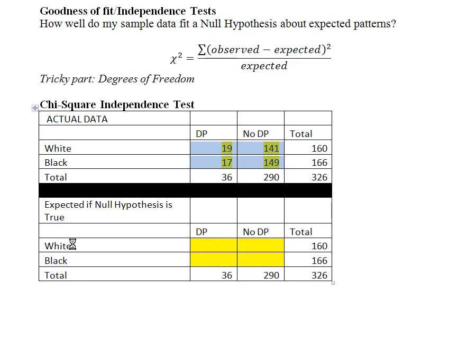So here's the basic idea. If the probability of getting the death penalty were equal for everyone, what would that probability be? Well, our observed probability for everyone, regardless of race, of getting the death penalty is equal to 36 people in the entire sample out of 326 total got the death penalty.